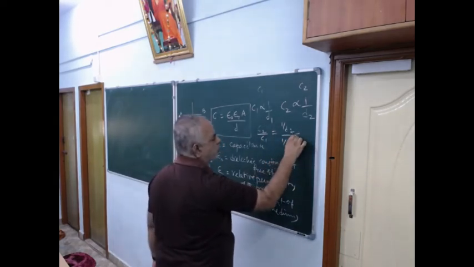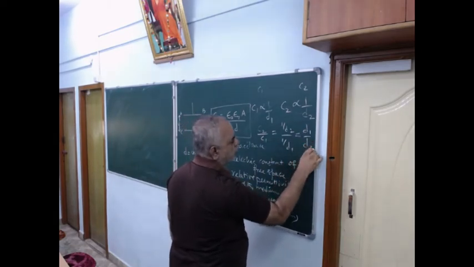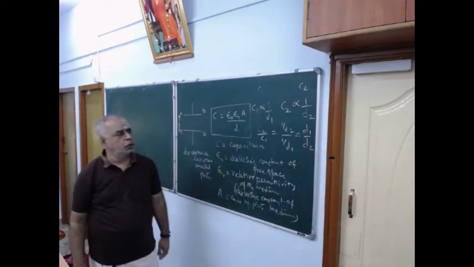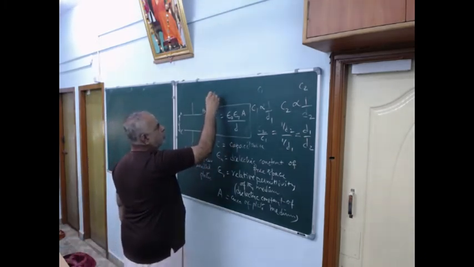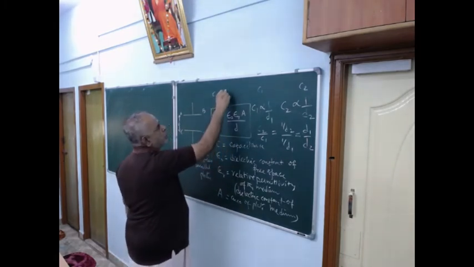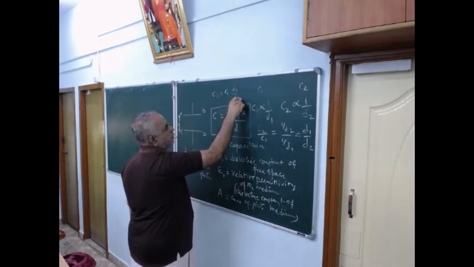So it means that is D1 by D2. Okay, D1 by D2, right? So this is the easiest way to calculate the new capacitance. Therefore, C2 is equal to C1 into D1 by D2.